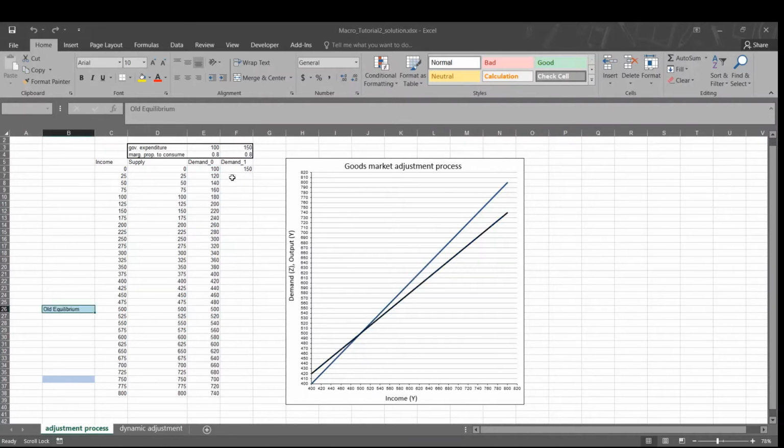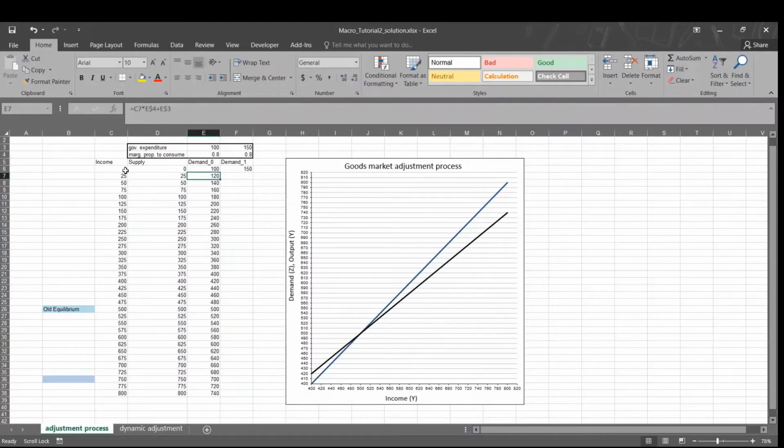So what would be our aggregate demand if we apply this formula? If our income is 0, aggregate demand would be 100. If our income is 25, then aggregate demand would be 25 multiplied by 0.8 plus 100, our government expenditure, giving us 120 units.